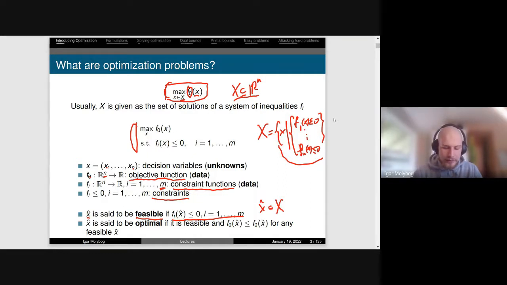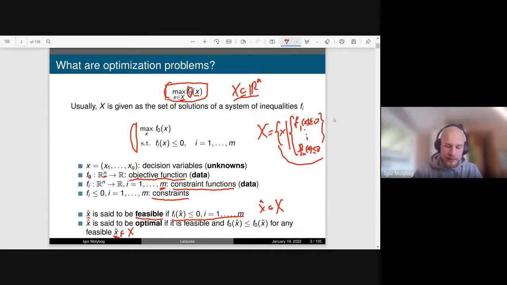X hat is said to be optimal if it's feasible, and for any x tilde in the set big X, f0 of x hat is less than or equal to f0 of x tilde. This is in case we are talking about the minimization problem.